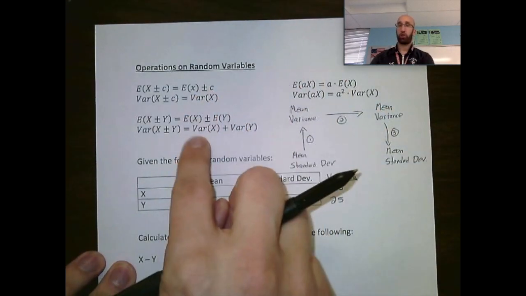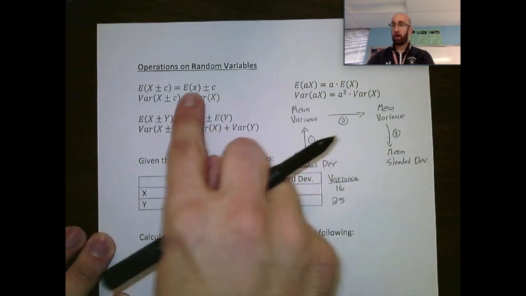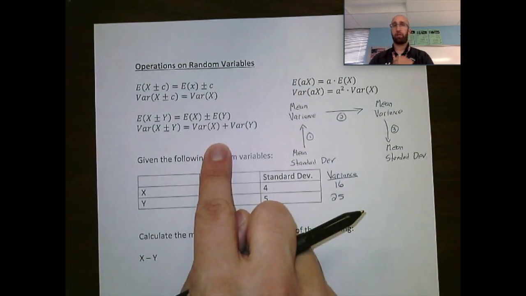We could just follow these shortcuts and get our new mean and our new standard deviation, okay? Back in my earlier video in this unit, we talked about how to take a probability model and find an expected value and a standard deviation from it. You wouldn't have to do that again. These shortcuts allow you to skip that process if you've already done that. So we'll go into these 3 different types of rules in my examples.